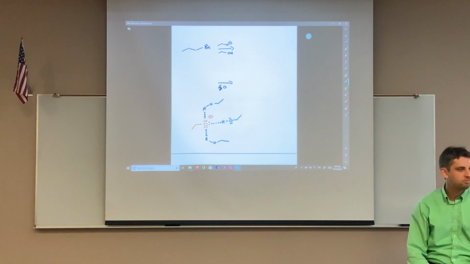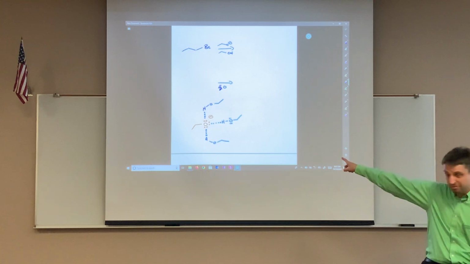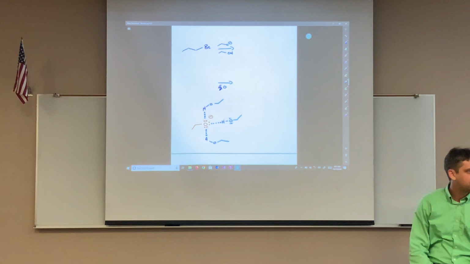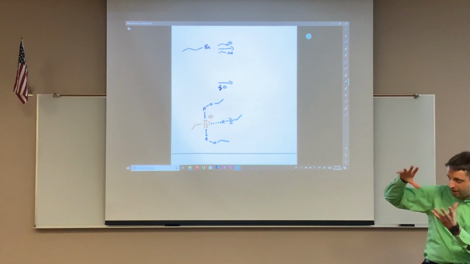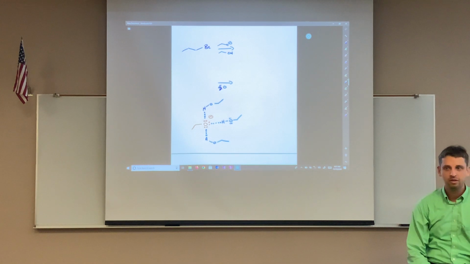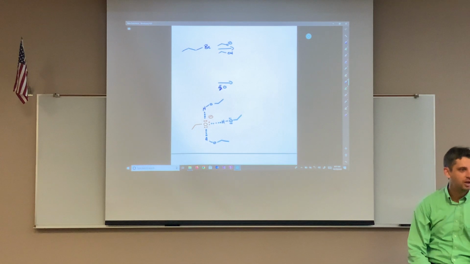How's that oxygen with the negative charge? What's its immediate environment? It's hydrogen bonding with all those other solvents. So when that oxygen with the negative charge moves to attack the carbon, what's it have to deal with? All those stupid solvents that are in the way. Are those solvents everywhere? Yes. Are they following wherever that negative is?